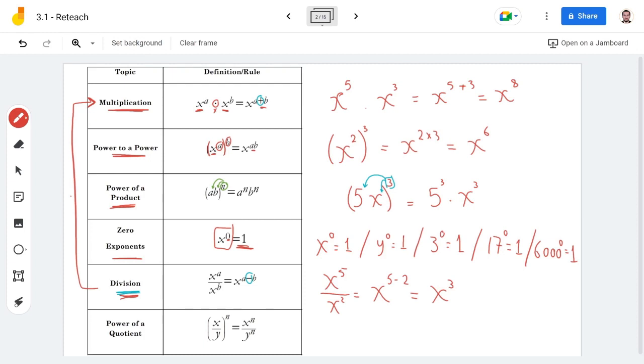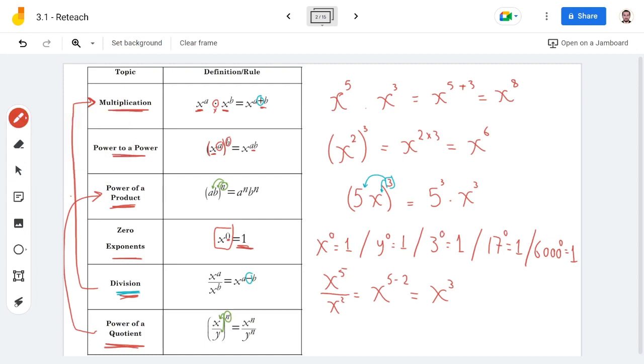Okay, then the last one here, the power of a quotient. The power of a quotient is similar to the power of a product. When you have a power, you distribute the power to both of them. Same thing, you have a power here, which is n, you distribute the power to the x and also distribute the power to the y. Just an example.